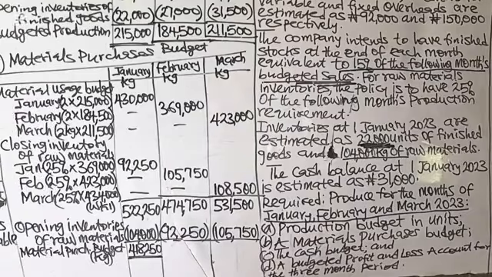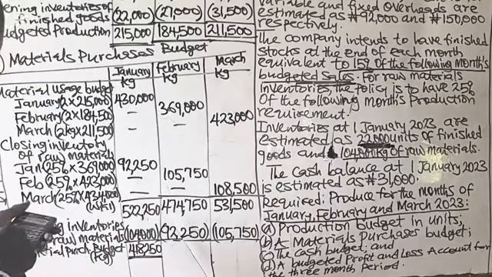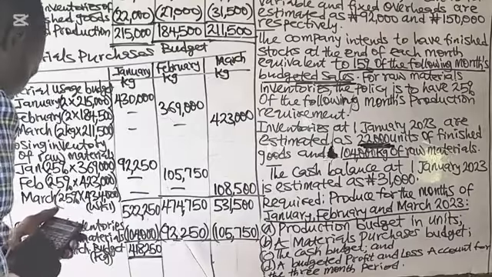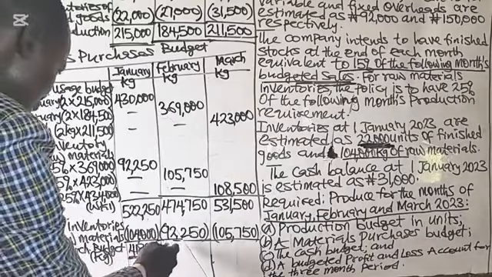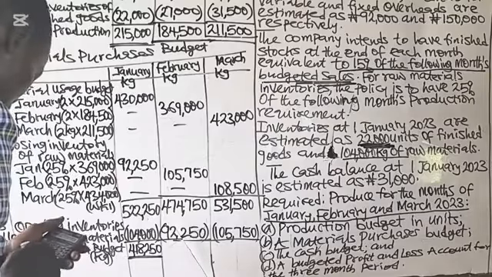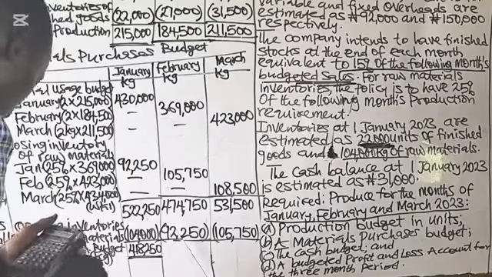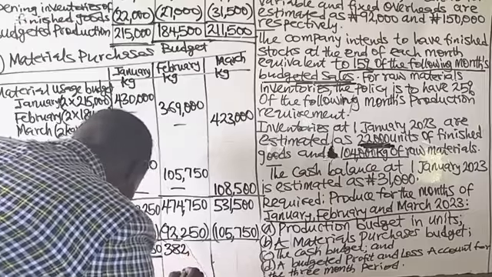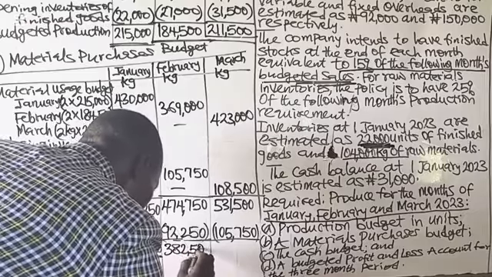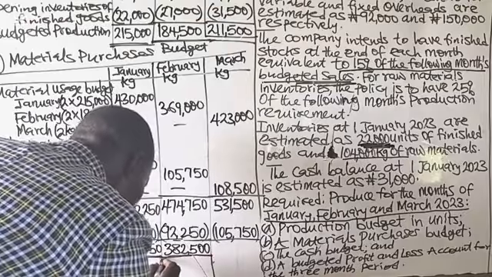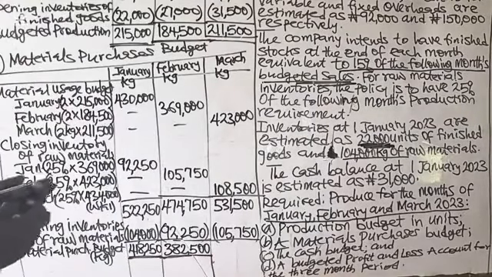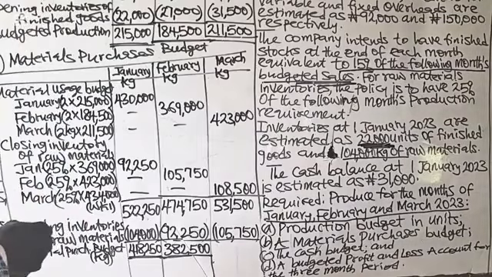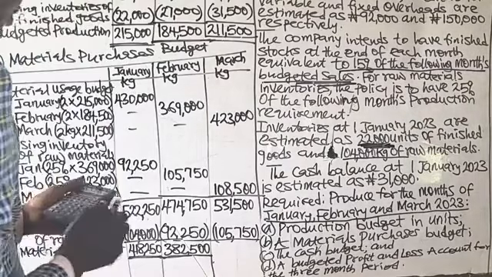So for the month of February, we have 474,750 minus 92,250, so we have 382,500. That is the material purchase budget in the month of February in kg.